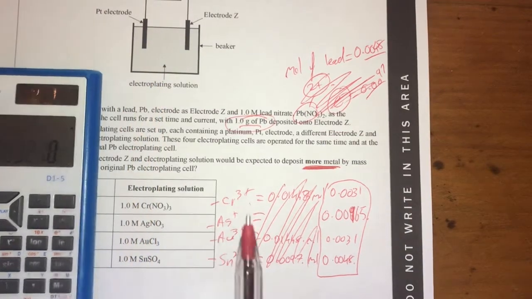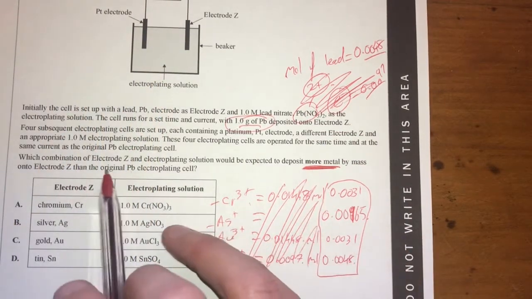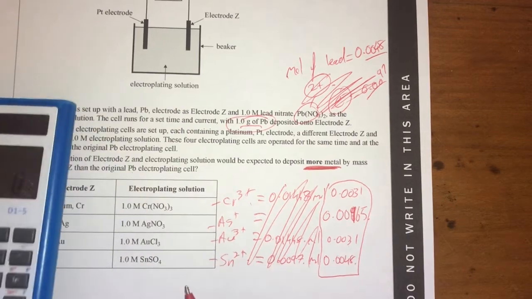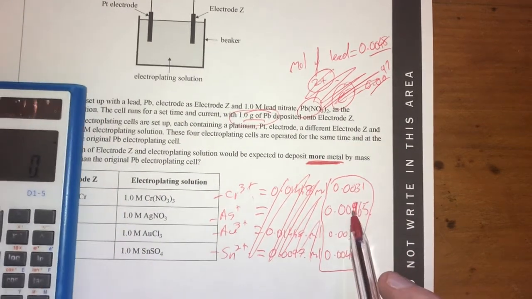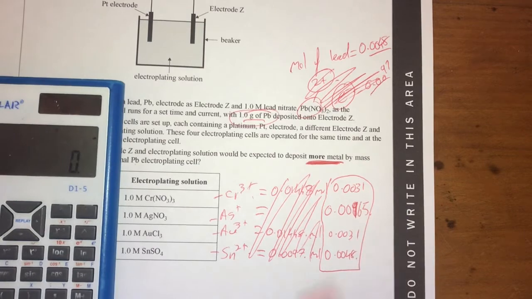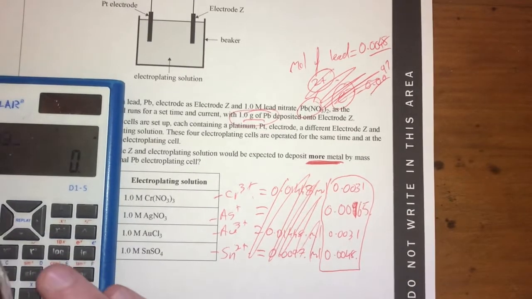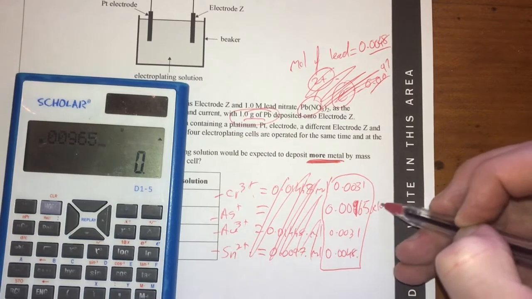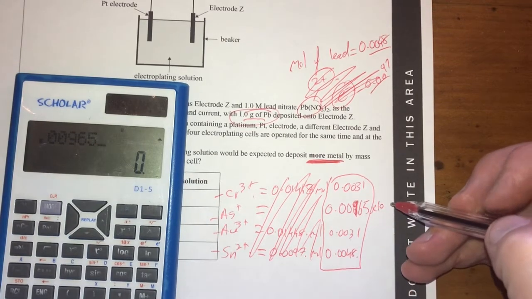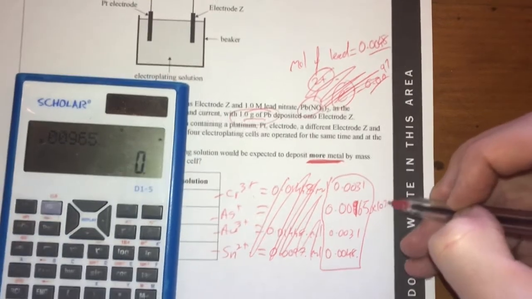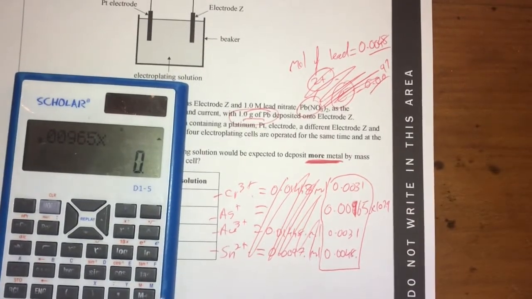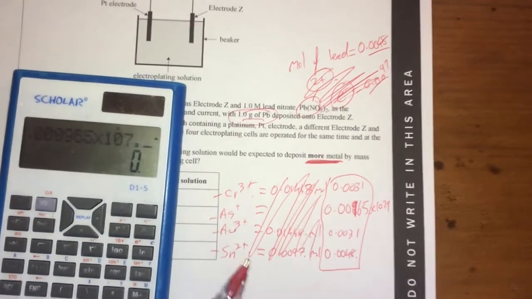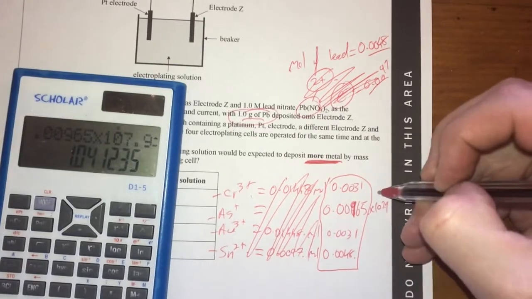Now, I need to work out which one's going to have more mass than the original lead. I'm going to start off by thinking, well, this one's got the most mole, so it's probably going to be this one here. So I'm going to start off by looking to see if this is actually going to produce more mass. So I get my mole, I'm going to times that by molar mass, which I believe silver is 107.9, and it looks like it's going to be more than 1 gram.